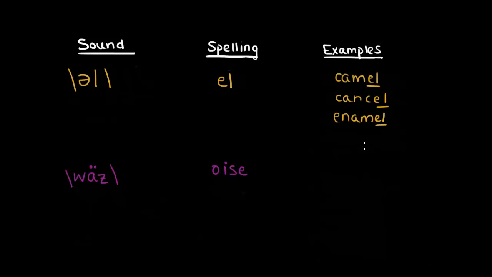This is a very common ending in French words, as in bourgeoise or vichyssoise. There's a lot of words, ardoise, there's a bunch, but these are just some examples of French words that end in wa. So that's another common French rule right there.